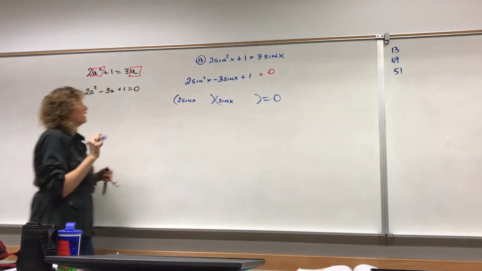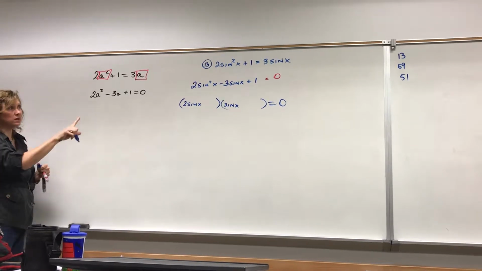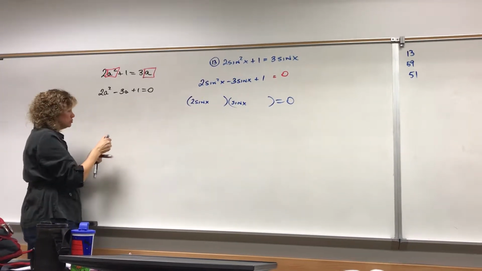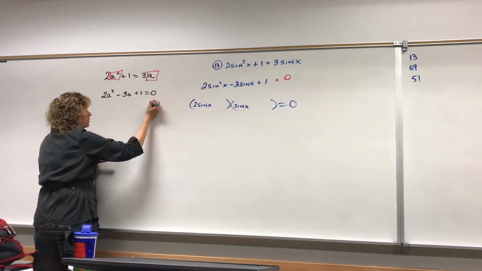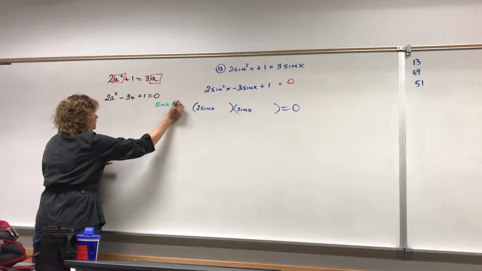And if you really do not like trying to factor with the trig function in there, we could transition through a substitution process, call that sine x, and let it be a.